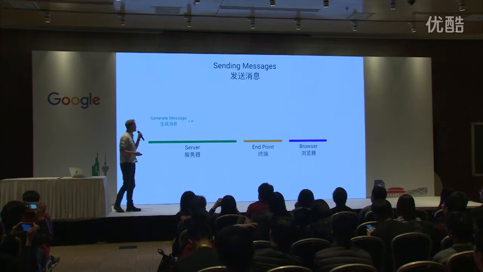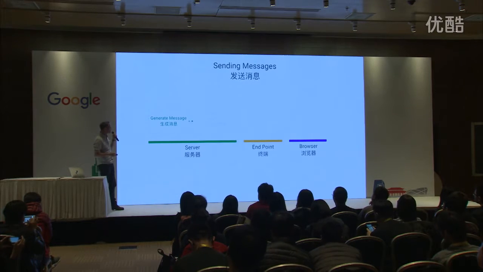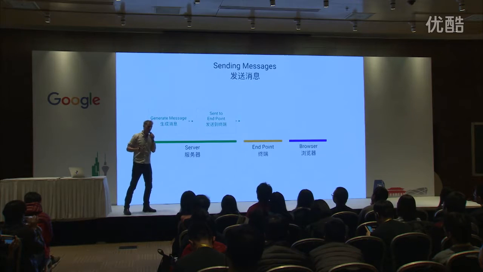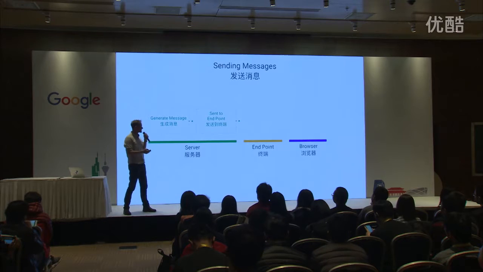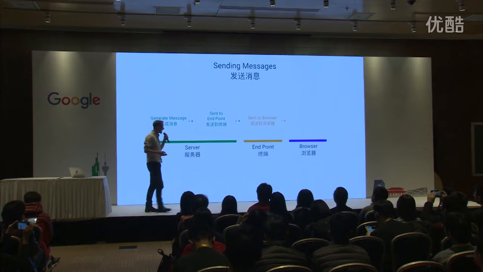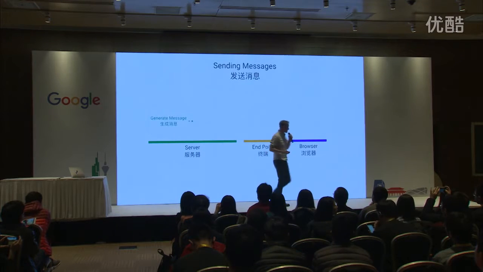Now on the send side, you generate a message on your server. It needs to be encrypted. You then send it to the push service, and the push service associated with the browser then sends that message to the user. Then on the browser side, we handle the incoming message.